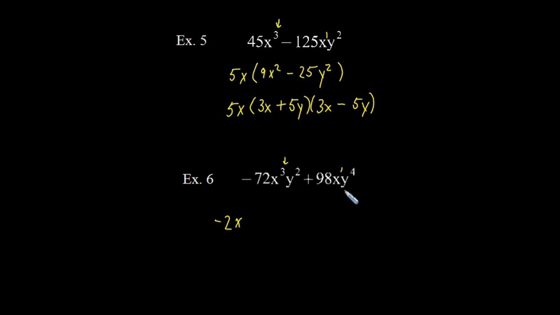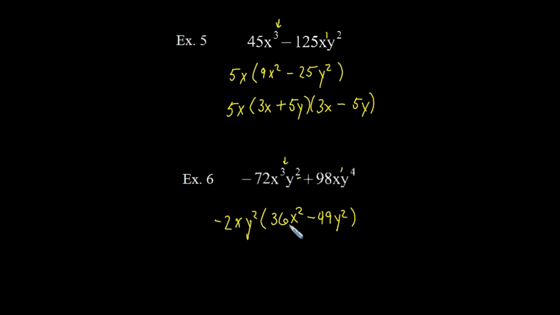And this is a little tricky in the fact that both exponents are even, but again, because we have y's in both terms, we can add that to our GCF, and we can take out the y squared. And that will leave us with 36x squared minus 49y squared.